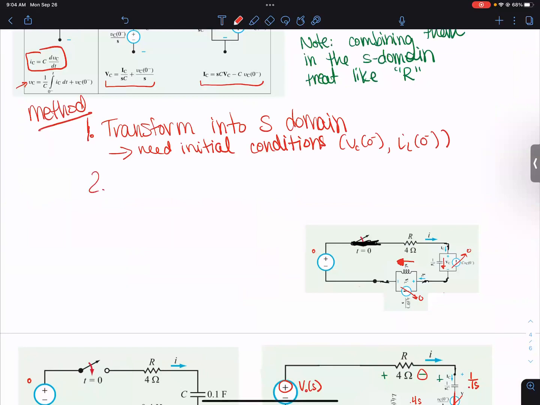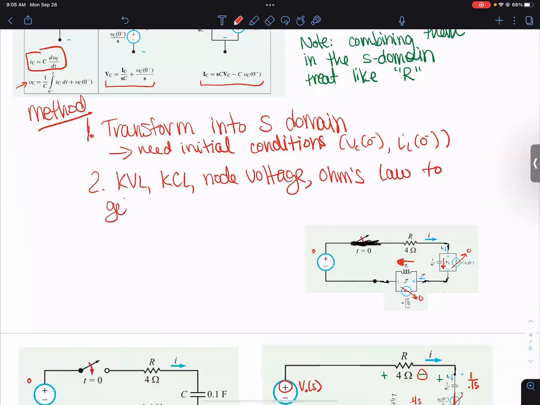So use KVL, KCL, node voltage method, Ohm's law. And when you have a more complicated circuit, if you have 5 unknown variables you're trying to solve, you can again get 5 equations, set them up in matrix form, solve them as an S domain solution, and then use that equation to translate back into the time domain.